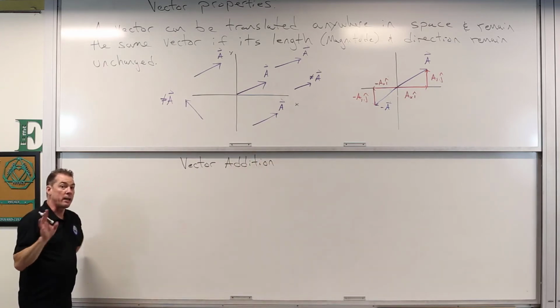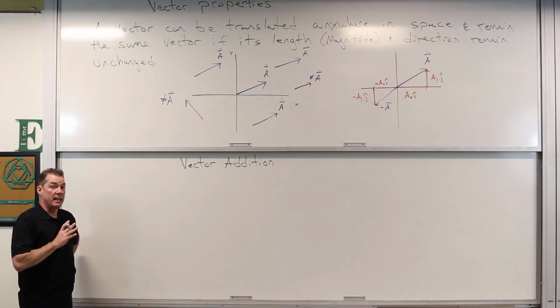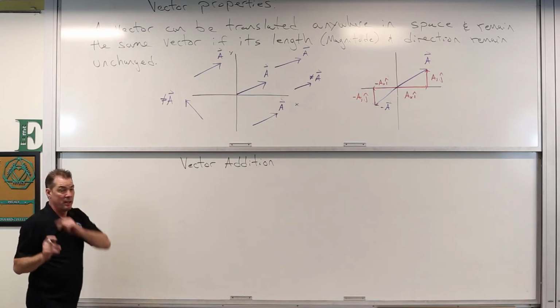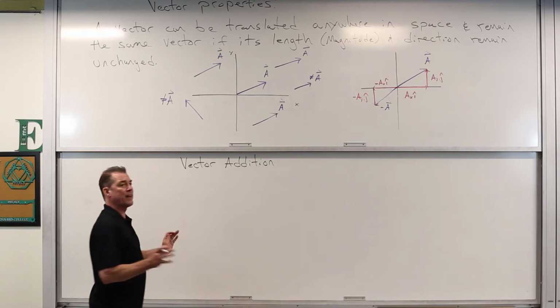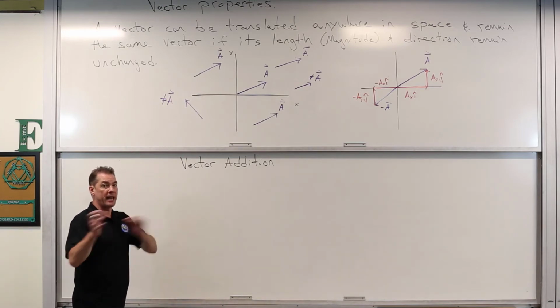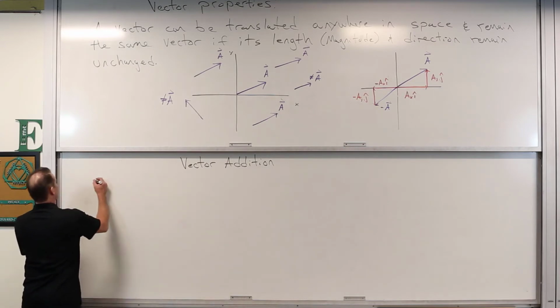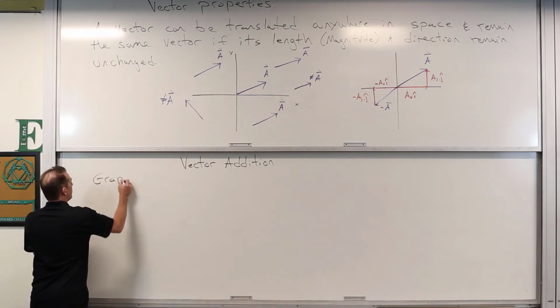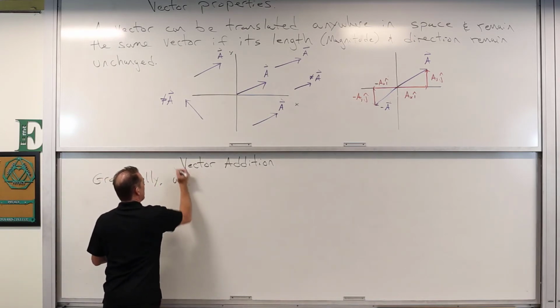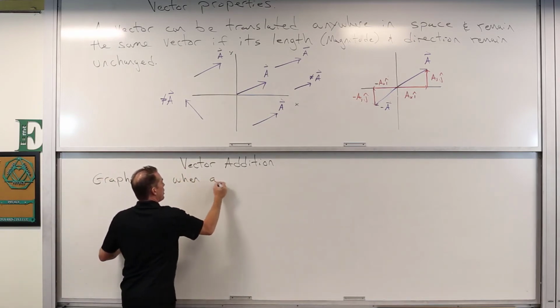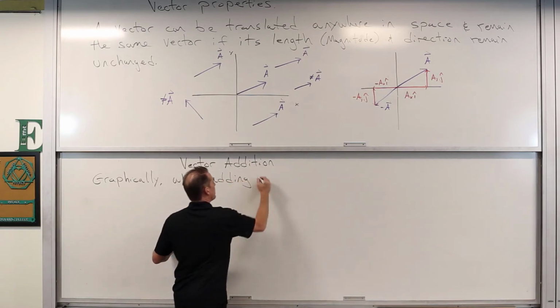Well, the easiest way to start to look at this first is graphically. So in terms of a graphical representation, when you add vectors together, you just place them tail to tip. Graphically, adding vectors together.